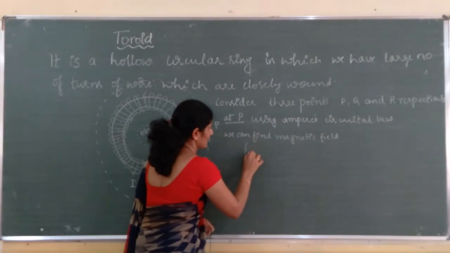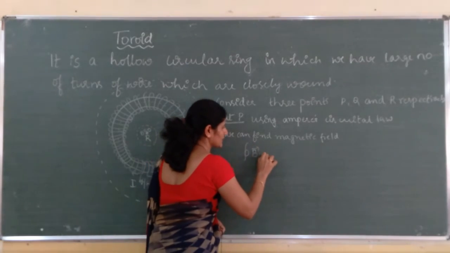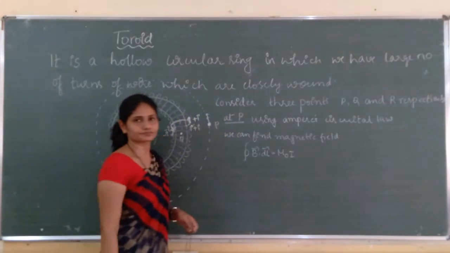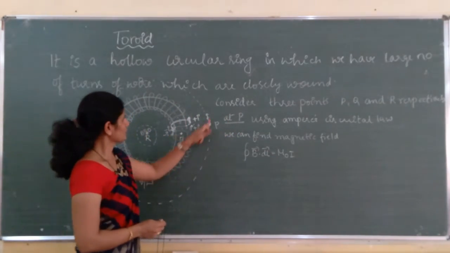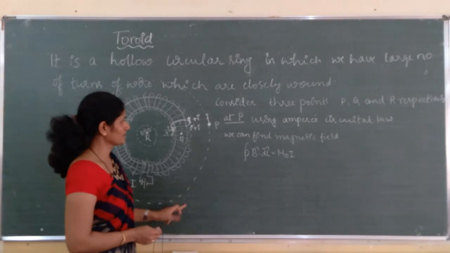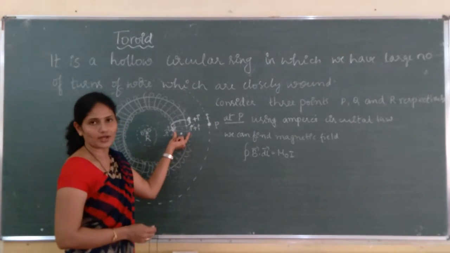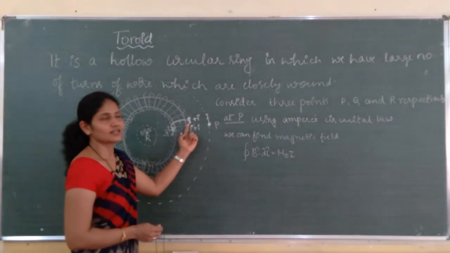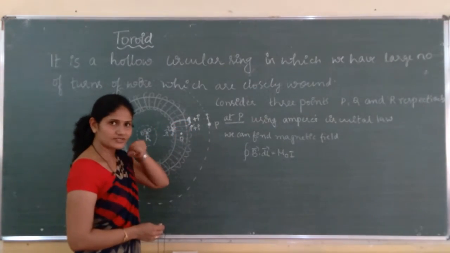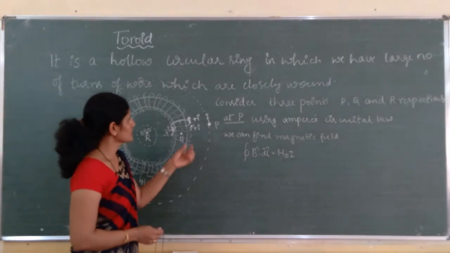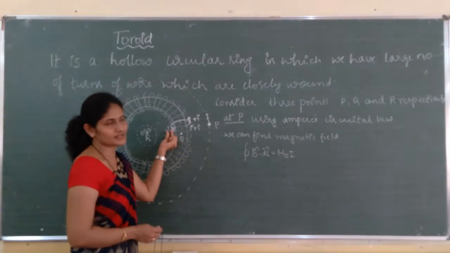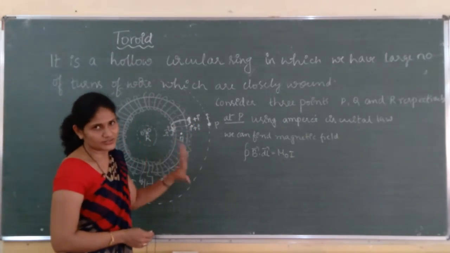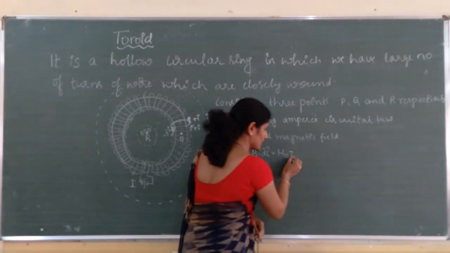That is, closed integral B vector dot dl vector is equal to mu naught into I. So, for this Ampere's loop, the current carrying conductor is this one. The current coming out of the wire is equal to that going into the wire. So, this is plus I, this is minus I, so the net current I is equal to 0.